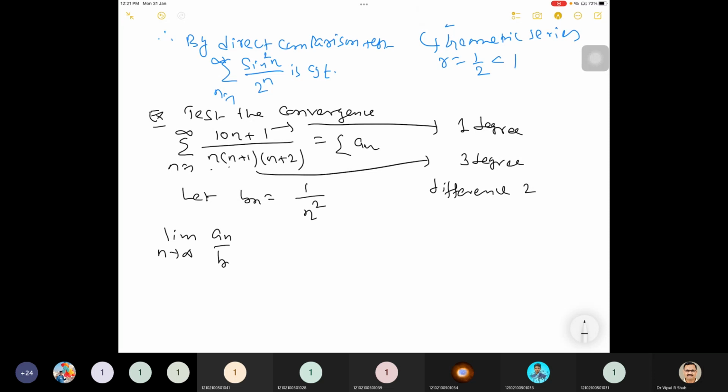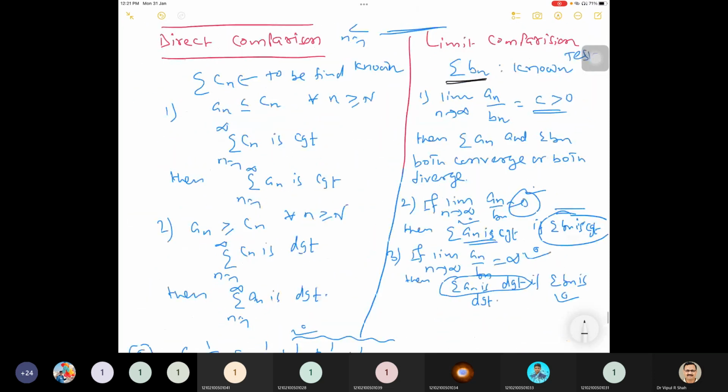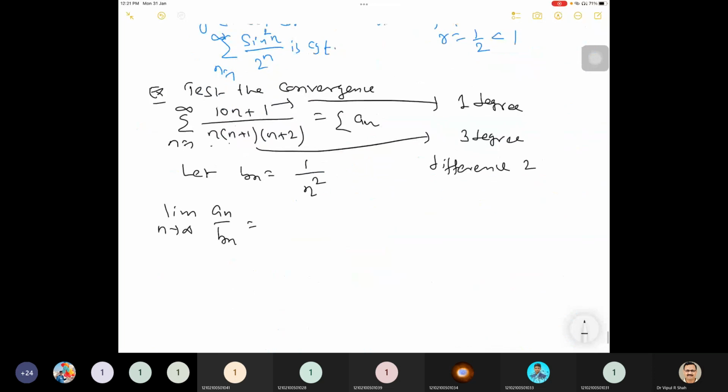Now you take limit n tends to infinity, An upon Bn. So limit n tends to infinity, what is An? 10n plus 1 upon n, n plus 1, n plus 2, divided by Bn. Bn is 1 upon n square.